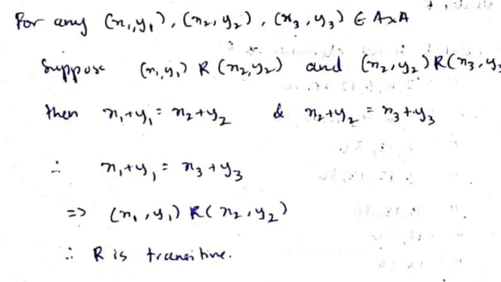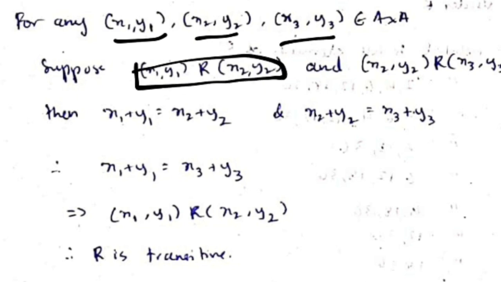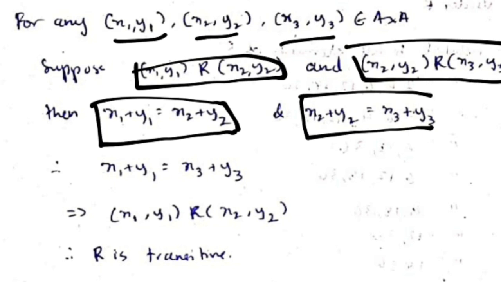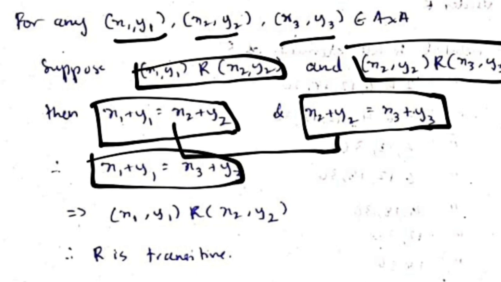Now for transitive we will take three elements, which are (x1, y1), (x2, y2) and (x3, y3). The first two are in a relation and the second and the third one are in a relation. Now x1 plus y1 is equal to x2 plus y2 and x2 plus y2 is equal to x3 plus y3. Now by these two equations, what we can write, x1 plus y1 is equal to x3 plus y3.